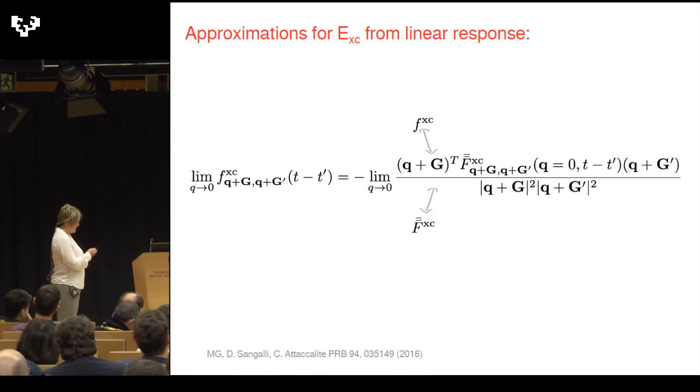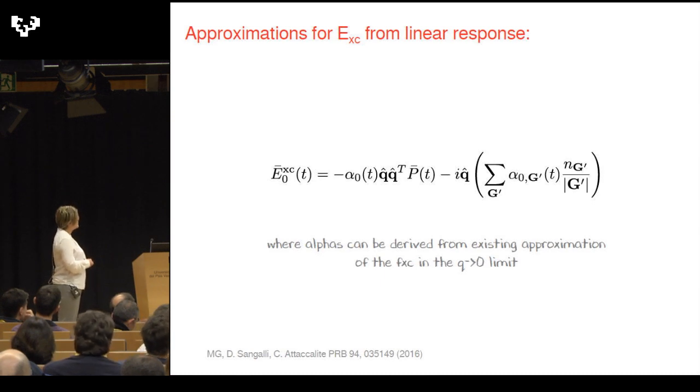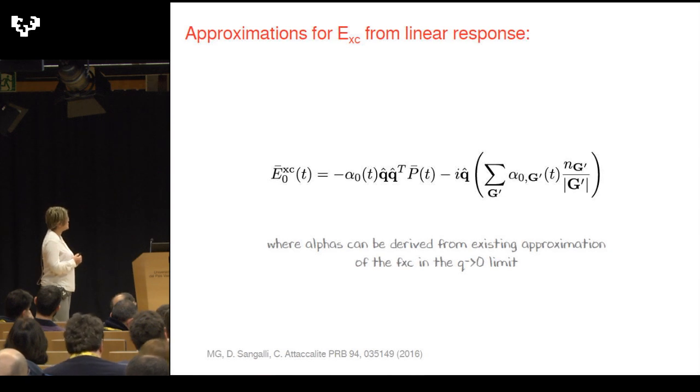And using this, we can then write, in a linear response approximation, the exchange and correlation field in this way, where these alphas can be derived from existing approximations for the exchange and correlation density kernel in the optical limit.